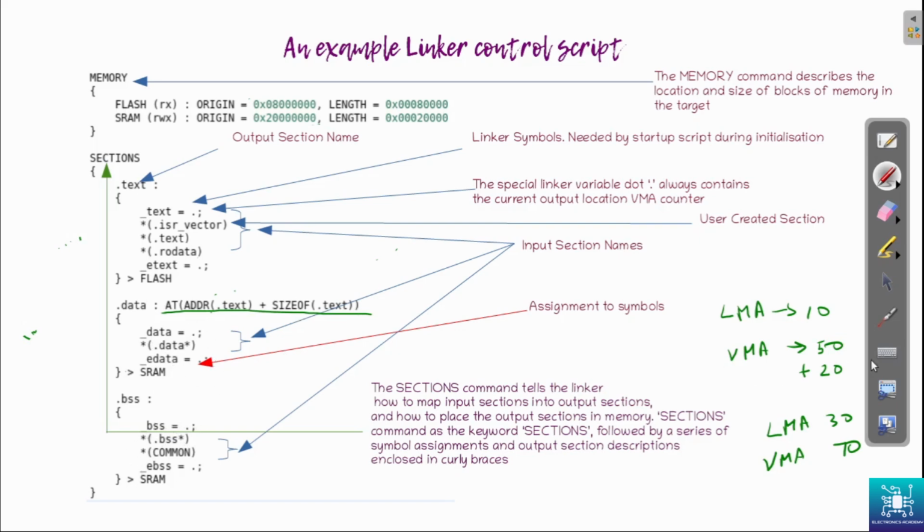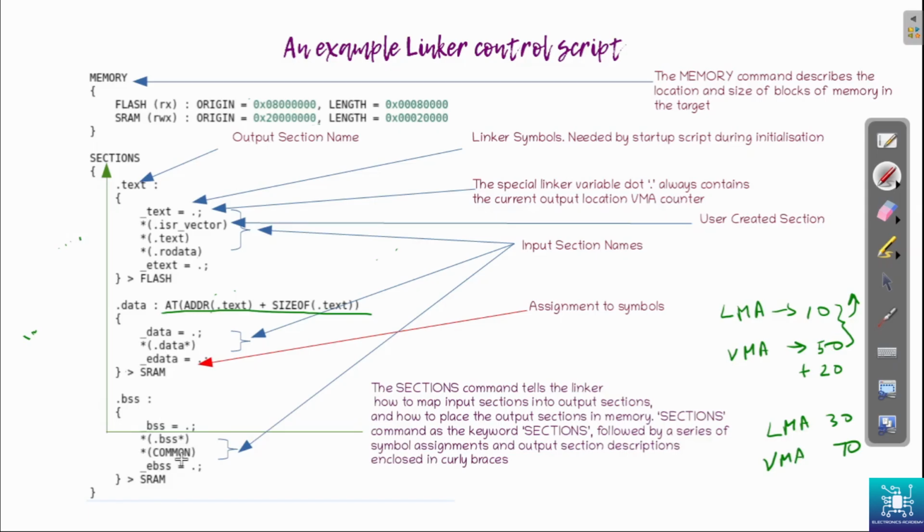If the LMA and VMA have separated in any section, the linker respects that separation and maintains it in working out the LMA and VMA for the next sections.